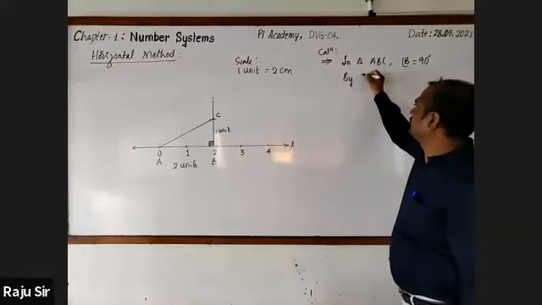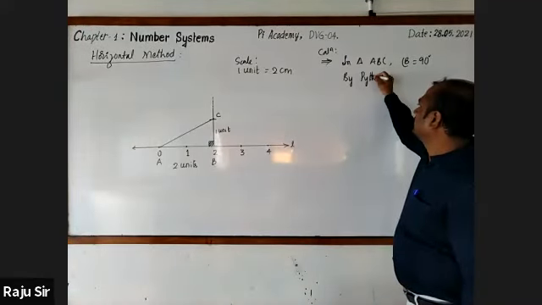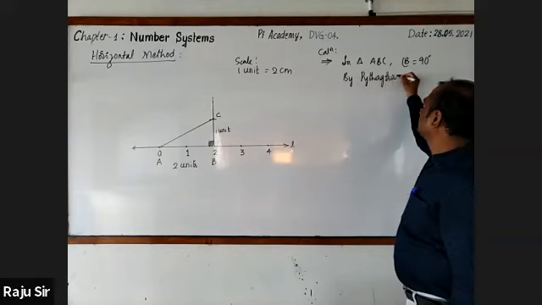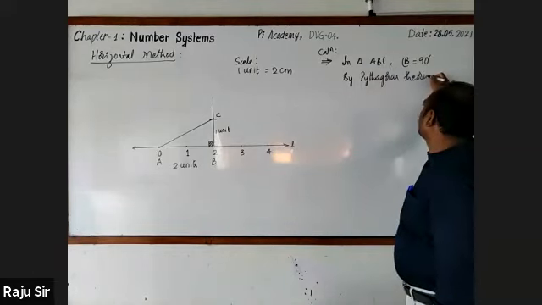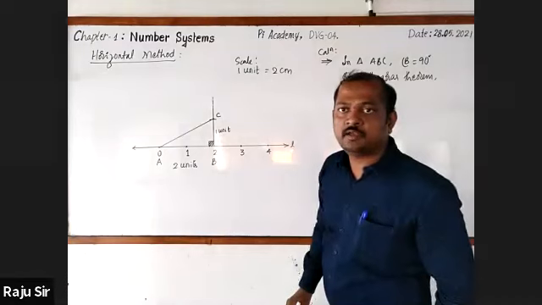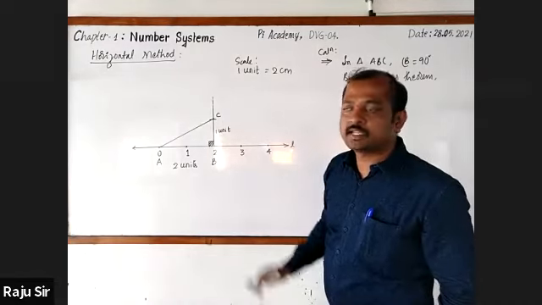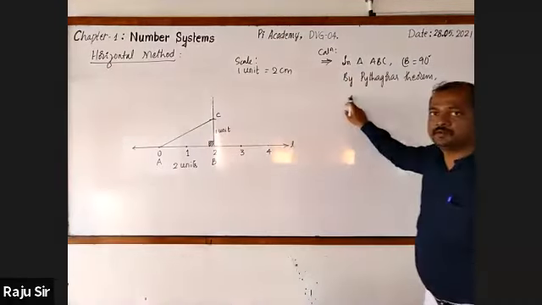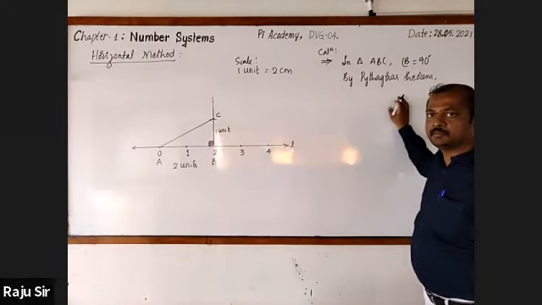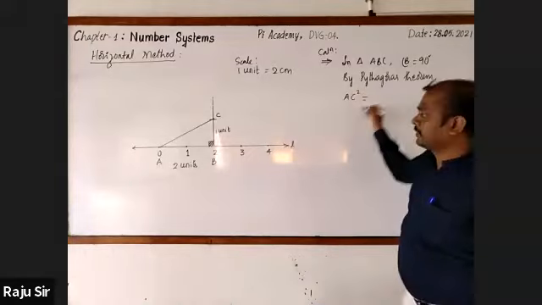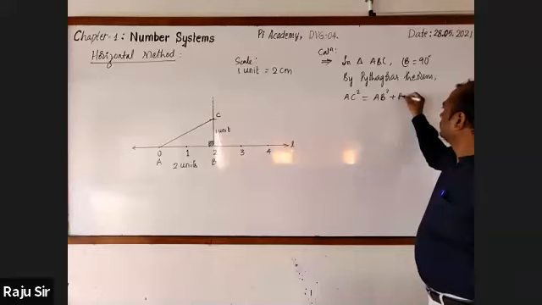By Pythagoras theorem. Larissa, tell the statement. By Pythagoras theorem, what should be written? AC square is equal to AB square plus BC square. Very good.